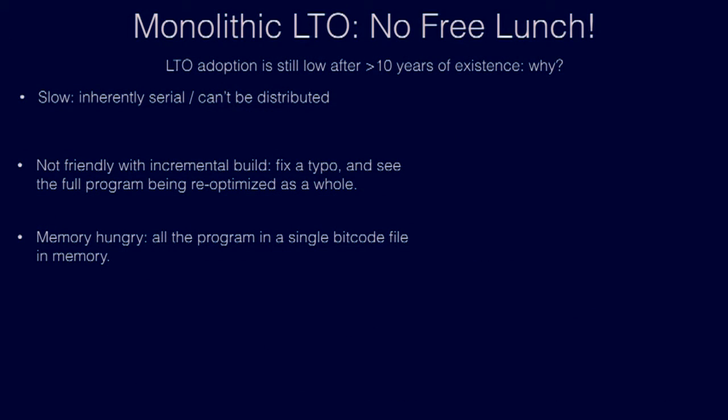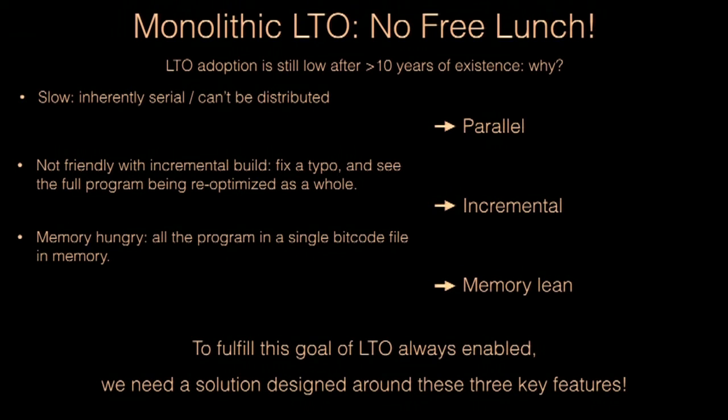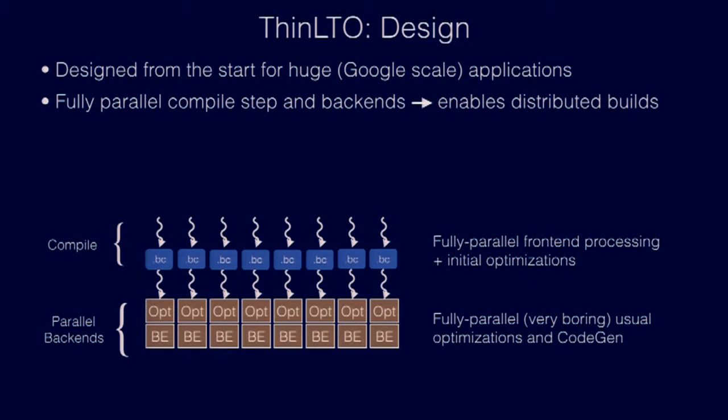So in order to fix that, we need something that is parallel, incremental, and not that memory hungry. So, ThinLTO. It was designed for very huge applications, like Google scale applications. The first design was that we have this normal compile, and we would like to have parallel backends that can do the optimizations in parallel.